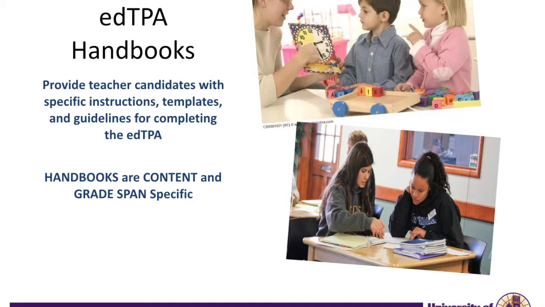A high school language arts teacher would have a different handbook and rubrics than the high school mathematics teacher. All of the elementary teachers at UNI must select one of 2 edTPAs to complete: elementary literacy or elementary mathematics.